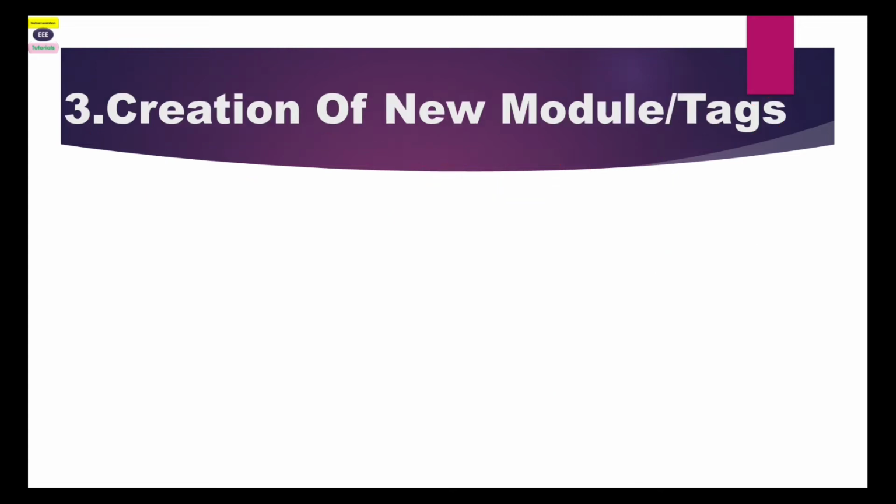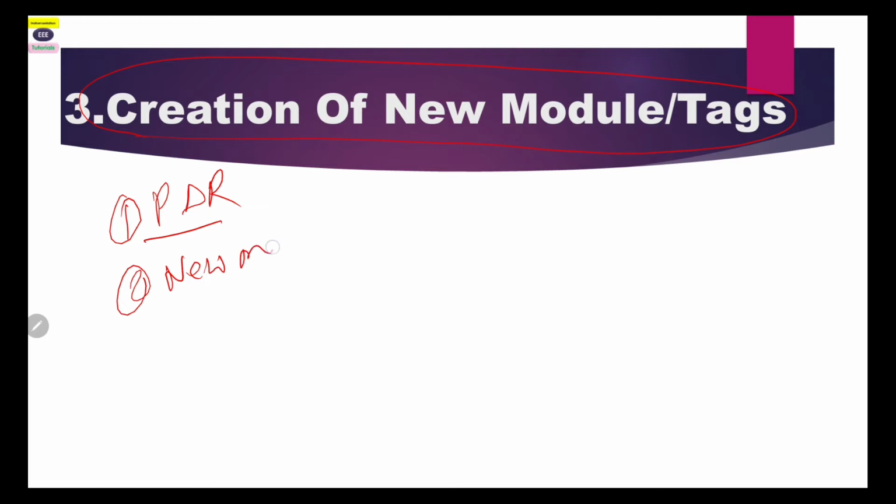Now the next point is creation of new modules or tags. Sometimes if there is any new PDR job or some new modification job going on inside your plant, and some new tags or modules are purchased, but you don't know how to install that module and how to configure it in the PLC.